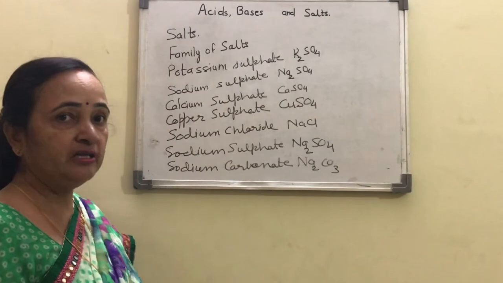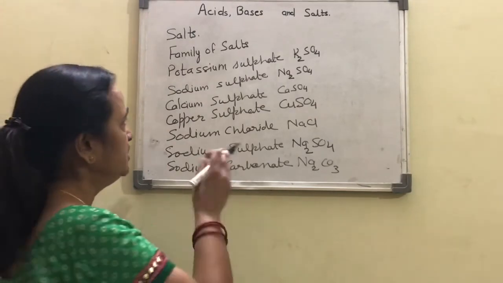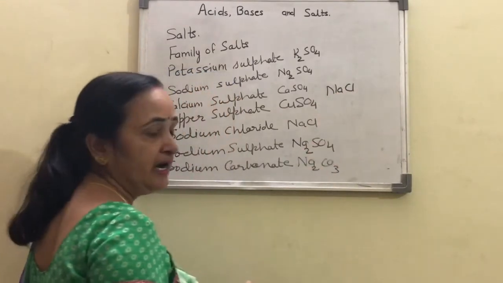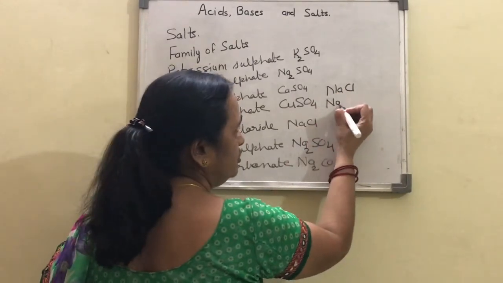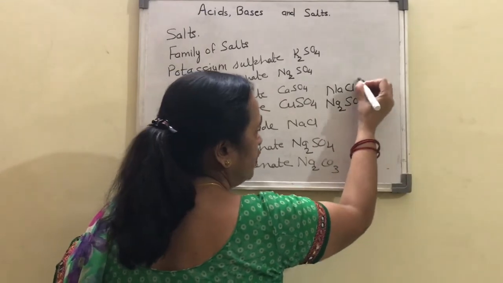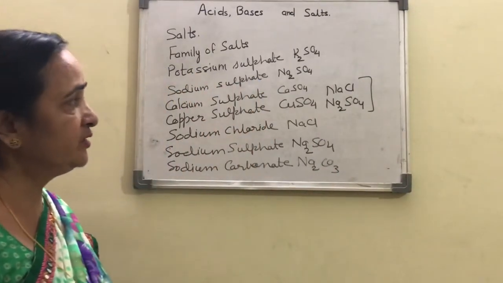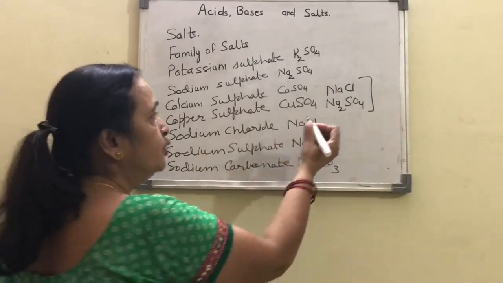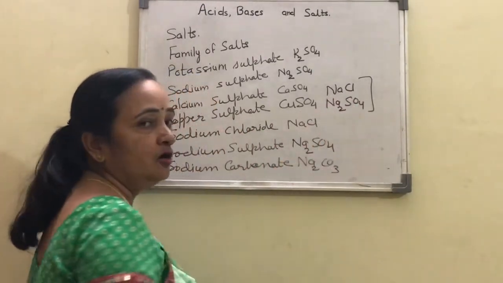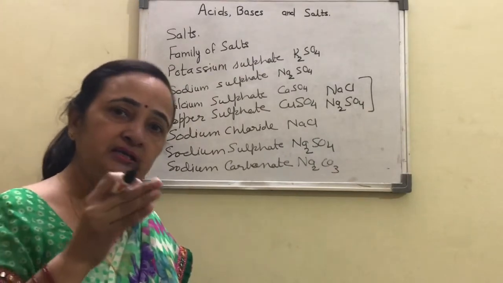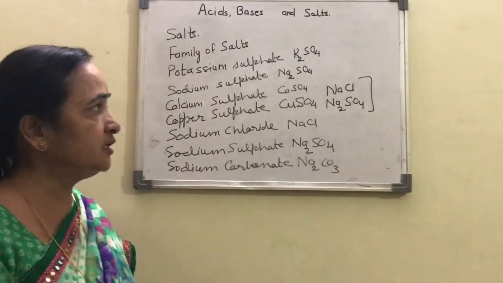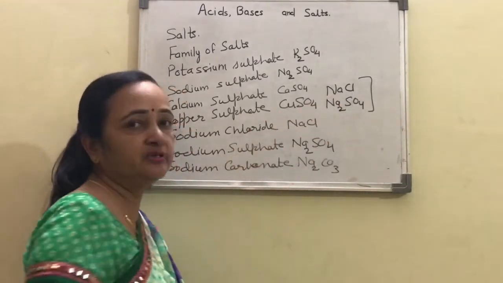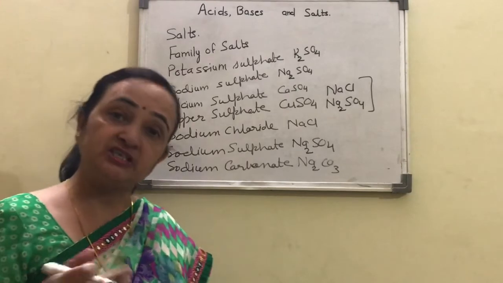Now children, one thing is very common here, like suppose I write NaCl and I write Na2SO4. So what is common here? Everyone can say that sodium is common among both the salts. So whenever any radical, positive or negative, is common, here you can see that sodium is the positive radical, or you can say positive ion.